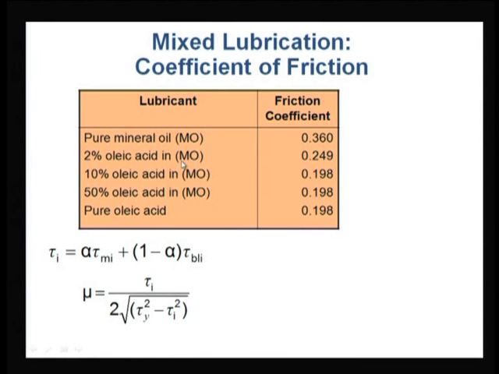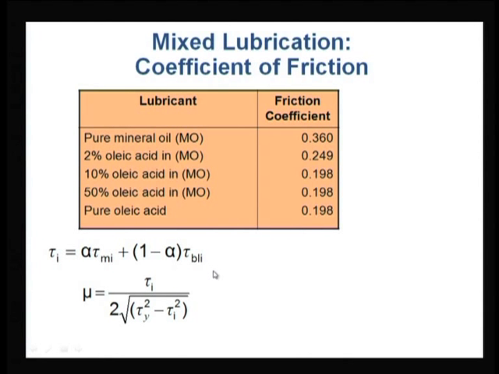So, as in this case fluid film lubrication or elasto-hydrodynamic lubrication is not the dominating factor, I can think of it this way: more or less asperities will be in contact, or asperities covered with boundary additives will be in contact. So, we have used this relation: alpha tau_m plus (1 minus alpha) tau_BL.